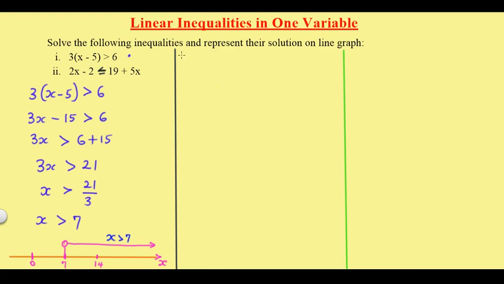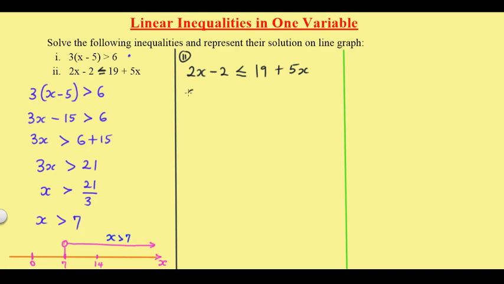For the second problem, we have 2x minus 2 less than or equals to 19 plus 5x. Just our normal way of solving a linear equation problem, we collect like terms.